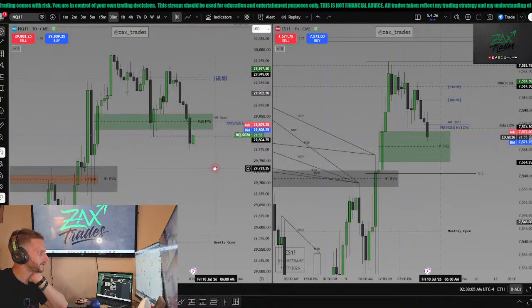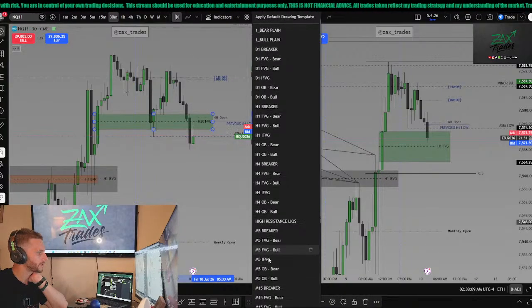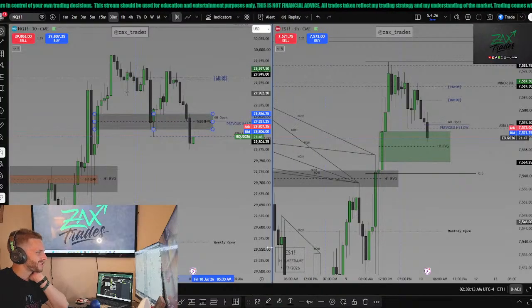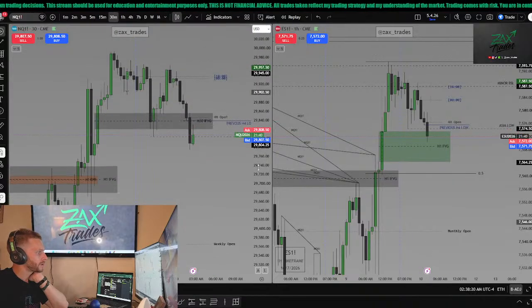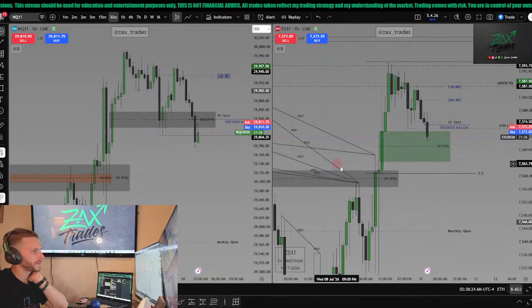So that is a 30-minute FVG there. And now, as you can see on that last candle, we've technically inversed this now. So that's not really looking that good for longs, and it's already pushed back into the IFVG, and for now at least, is rejecting.